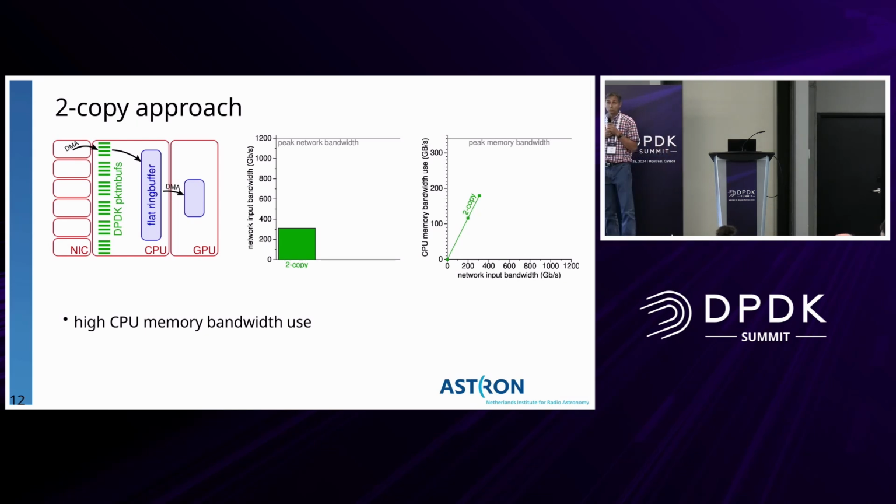And the reason for that is that we consume way too much memory bandwidth. In practice, there's 340 gigabytes per second of CPU memory bandwidth available, but we already start losing real-time performance at approximately 200 gigabytes per second.